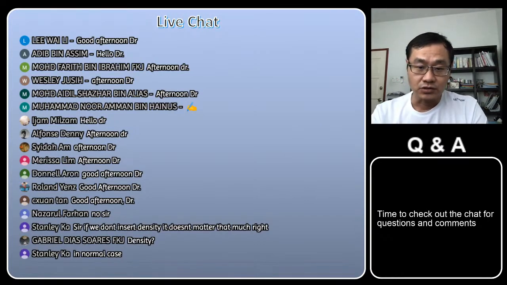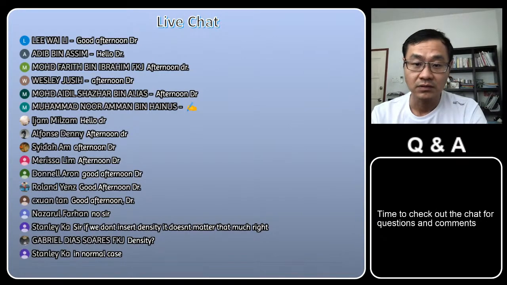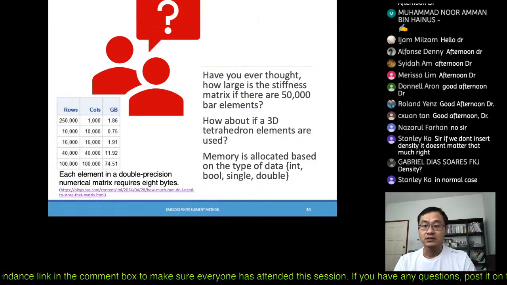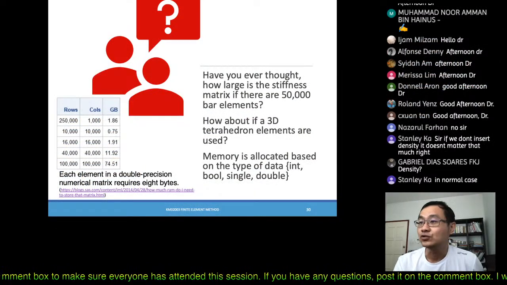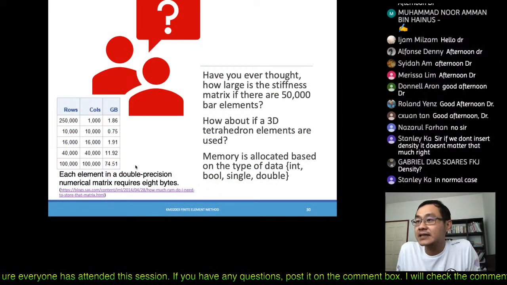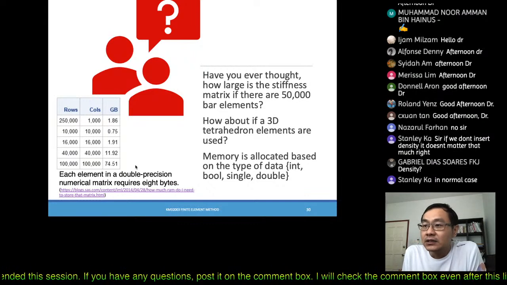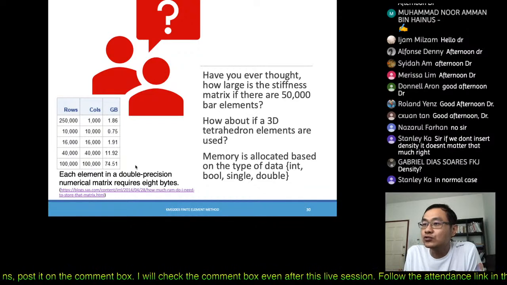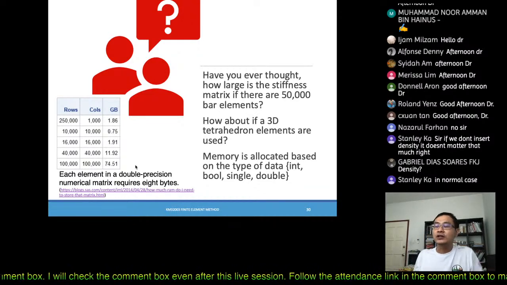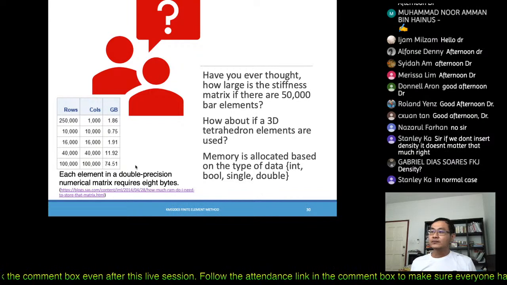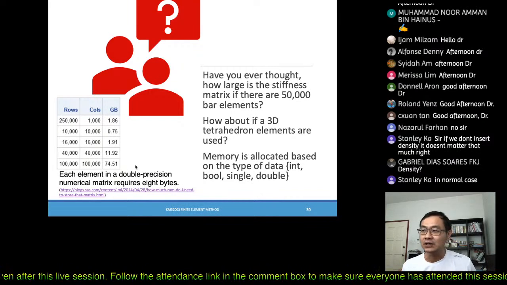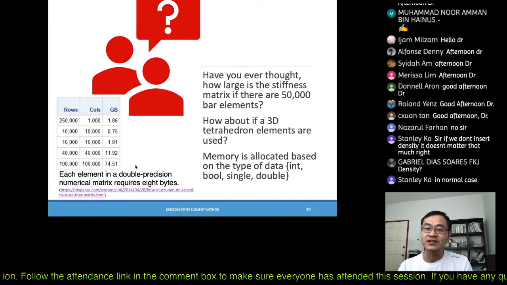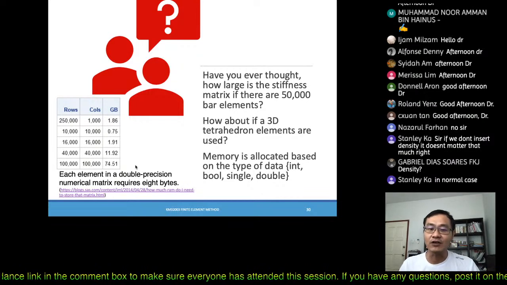So let's get back to the next sections. We would again ask you some questions for you to realize the importance of it. Have you ever thought about how large the stiffness matrix is in terms of memory?